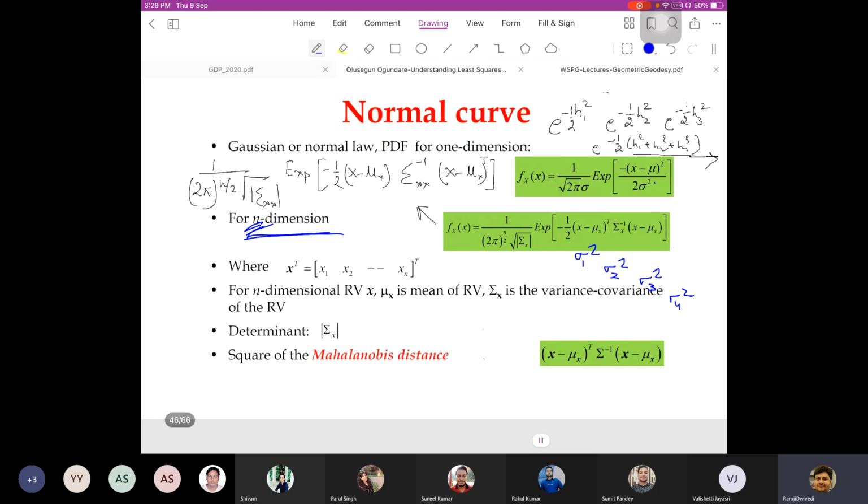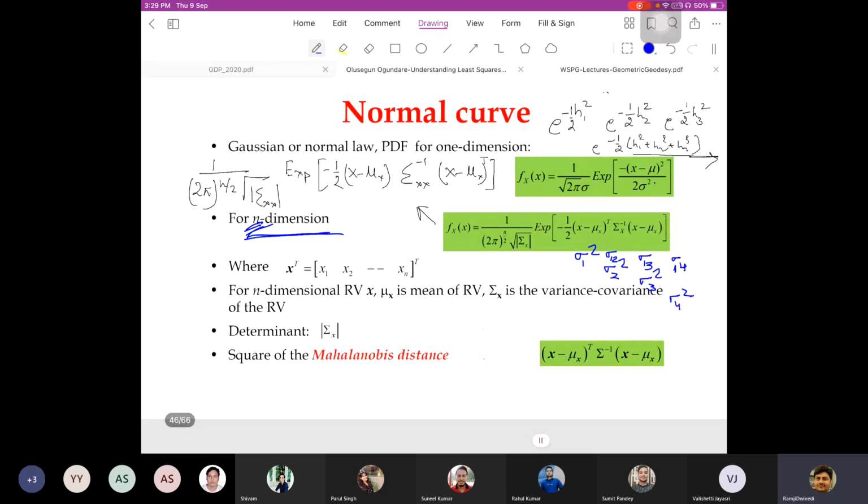Generally in geoinformatics, it is possible that some two observations are not correlated with each other, but sometimes your observations are correlated with each other. And if the correlation happens, you will have the covariance factor also, like sigma 1 square, sigma 1 2, sigma 1 3, sigma 1 4, like that.